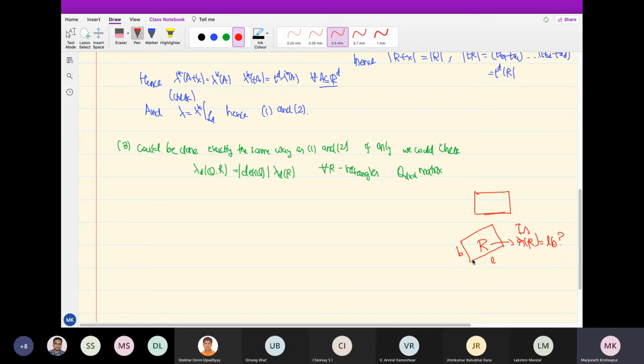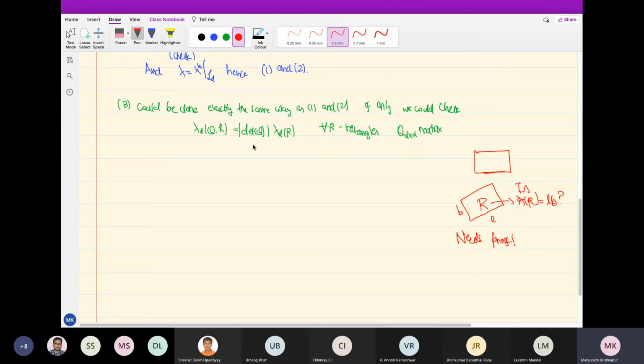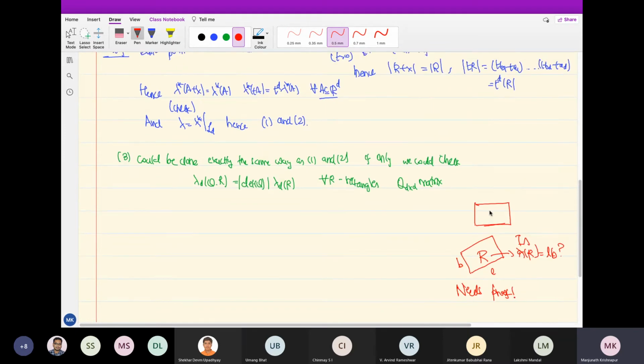This needs proof. It is not easy because you cannot just say, okay, it is, but how do we know? Even for this rectangle, because we are not using these rectangles in the covering. You remember our definition of outer measure: whenever I was saying rectangle, I meant axis parallel rectangles. Everywhere we only use them. We have not used these rectangles in defining the outer measure.